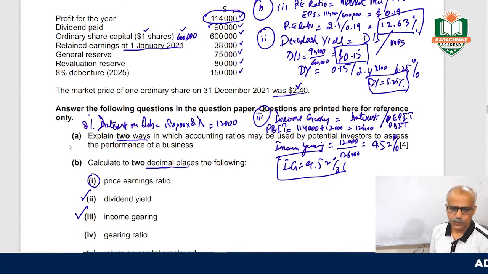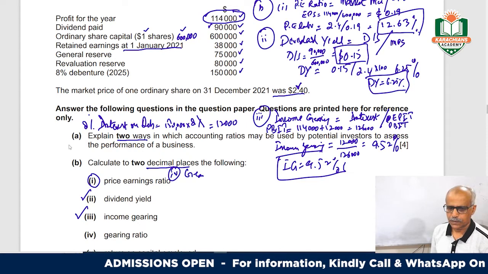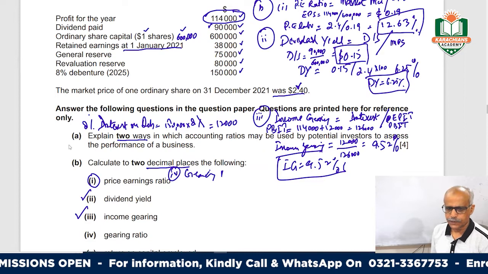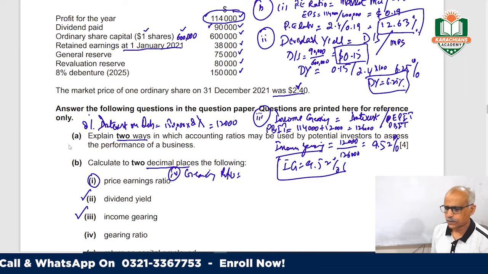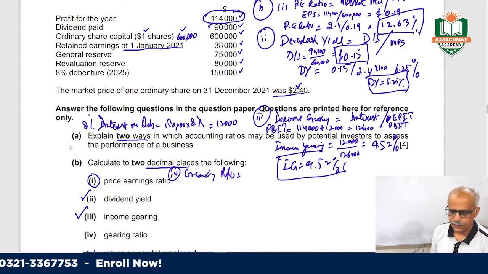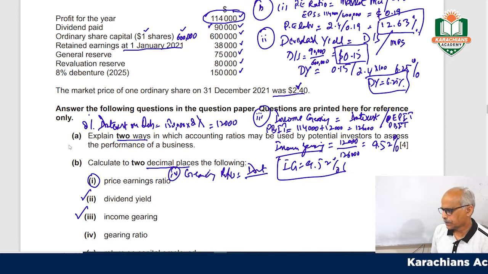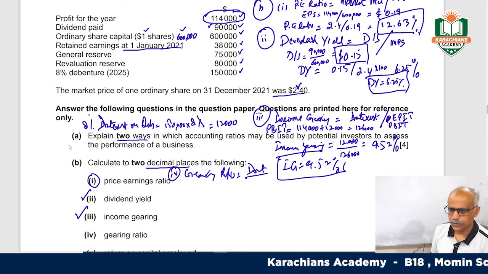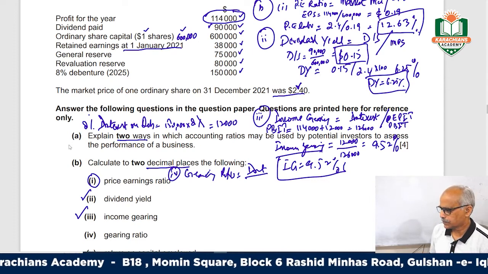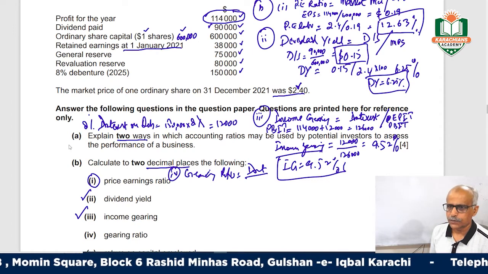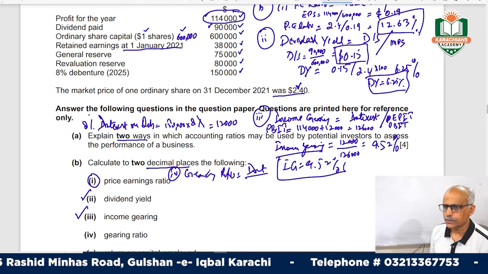So the fourth one, gearing ratio. The formula for the gearing ratio is interest divided by... so gearing ratio is basically your debt to equity ratio.